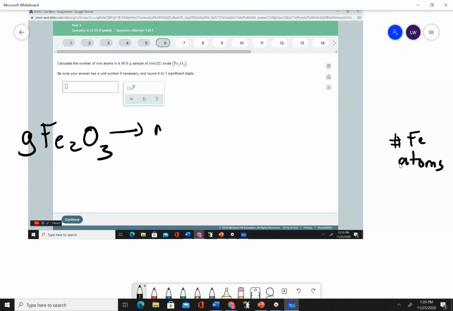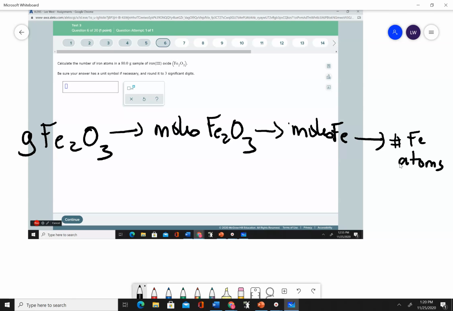So what I'm going to do is this. I'm going to go to moles of Fe2O3. Then I'm going to go to moles of iron. And then from there, I can go to the number of iron atoms. Now, if you remember that the conversion factor to go from grams to moles is to multiply by 1 on the molar mass.